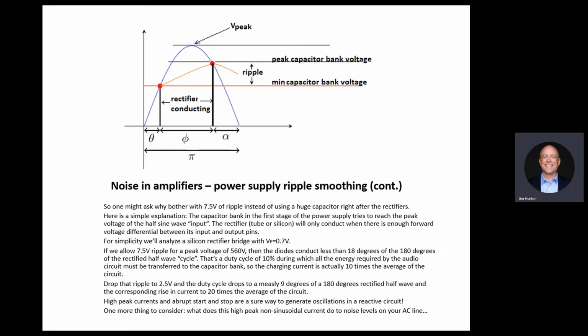The diodes in the power supply don't conduct until they reach above that voltage of the capacitor bank. Then they switch into an on mode. And when the sine wave comes down below that voltage, the diodes switch off. So they're switches really.